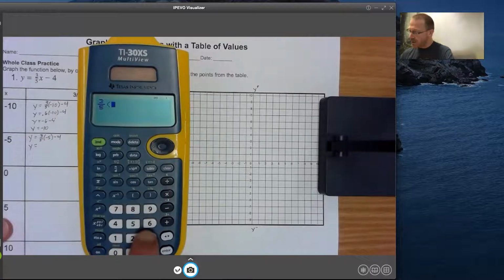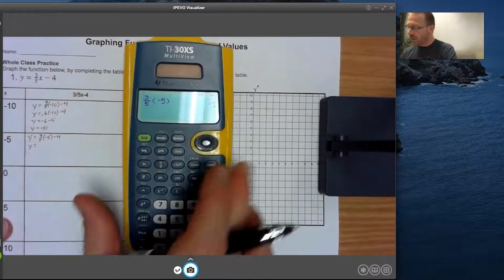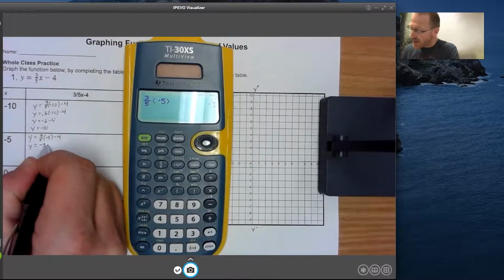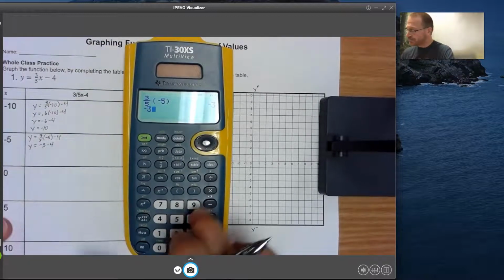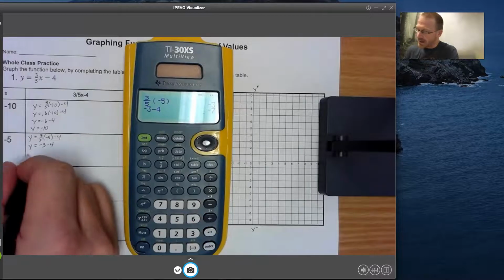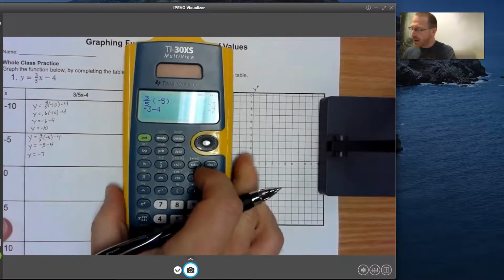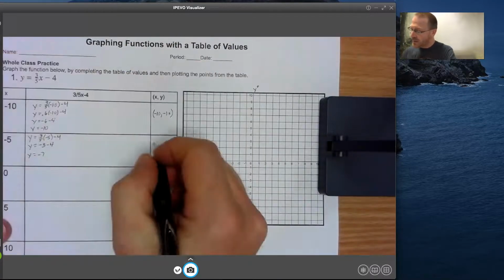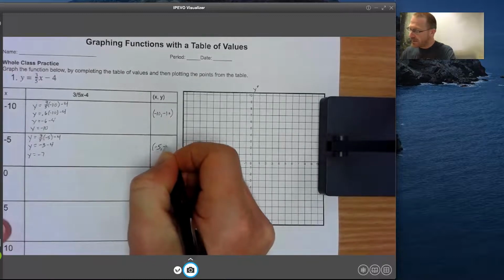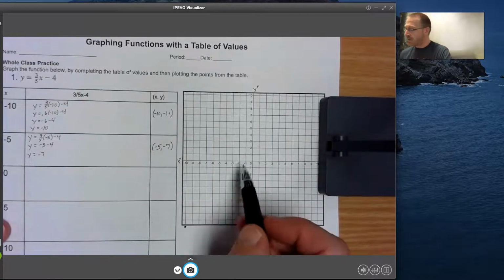I can put in my parentheses and plug in -5, hit enter, and I get -3. So then I have -3 minus 4, and that's -7. So now our point would be -5, -7. All right, so now I'm going to go to the origin.